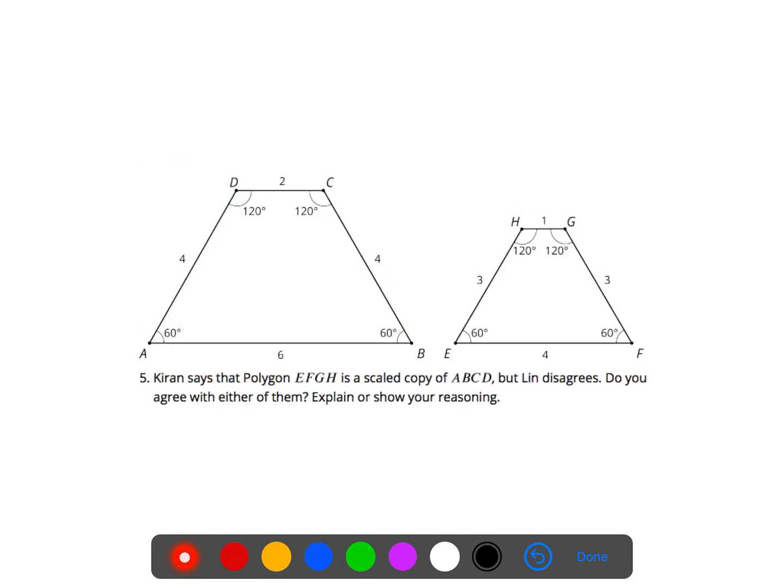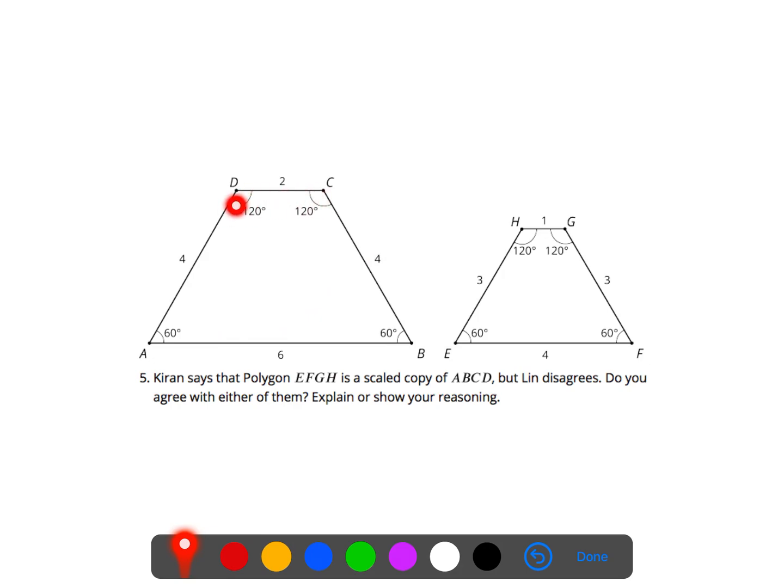All right, lastly, we're going to jump to this final question for today, which is looking at 2 more quadrilaterals here. Kieran says that the second smaller polygon is a scaled copy of the larger, but Lynn disagrees. Do you agree with either of them? So we need to look at this. Now, what I just told you is that the angles have to be the same.